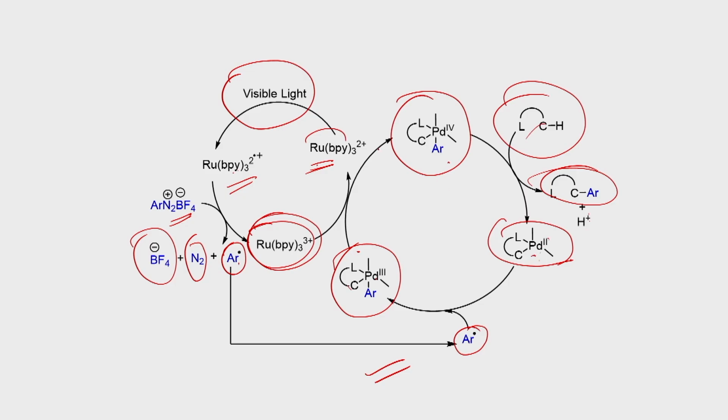This involves the combination of palladium 2 acetate as well as photocatalyst. In this way you can couple diazonium salt directly with the aryl CH bond, and you will be able to make biaryl systems.